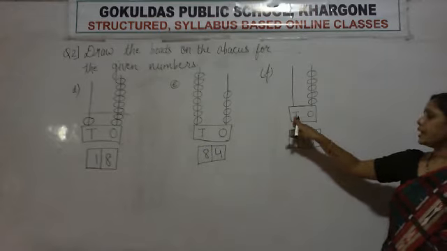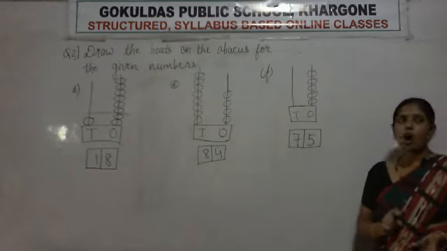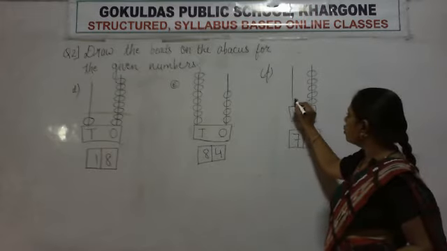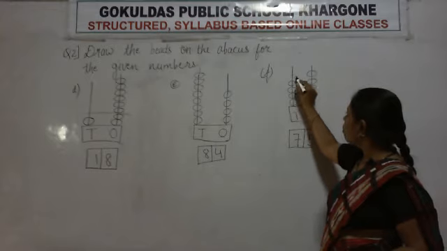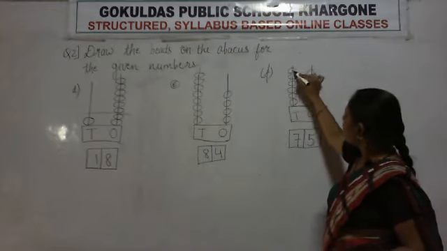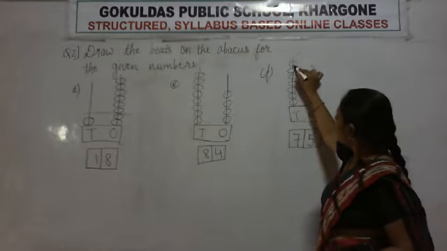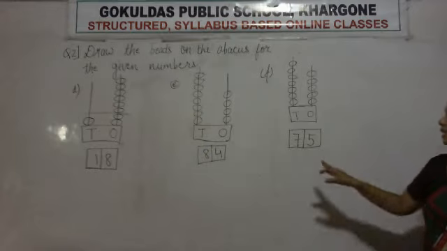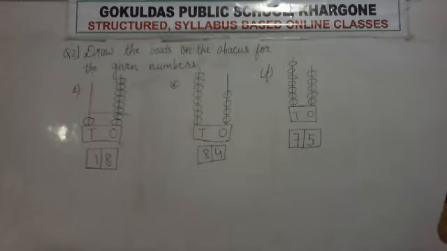So we have to draw 7 beads. Draw 1, 2, 3, 4, 5, 6 and 7. So which number is formed here? 7575. Copy this question from the board.